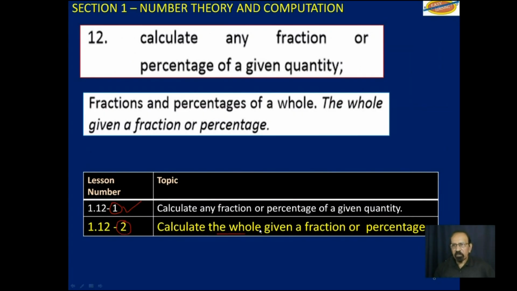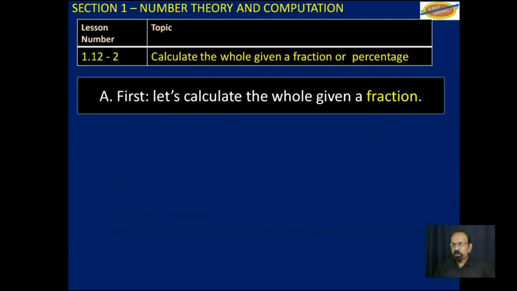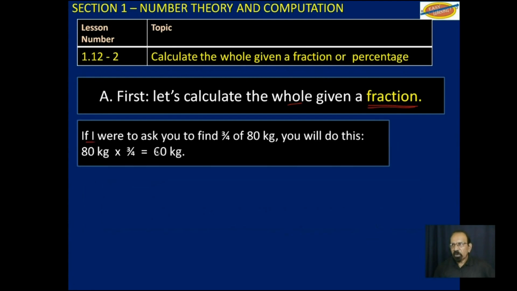Calculate the whole given a fraction or a percentage. So first, let's look at how to calculate the whole given a fraction. Now, if I were to ask you to find 3/4 of 80 kilograms, this is what you will do. You write 80 kilograms and you multiply by 3/4 and you get 60 kilograms.